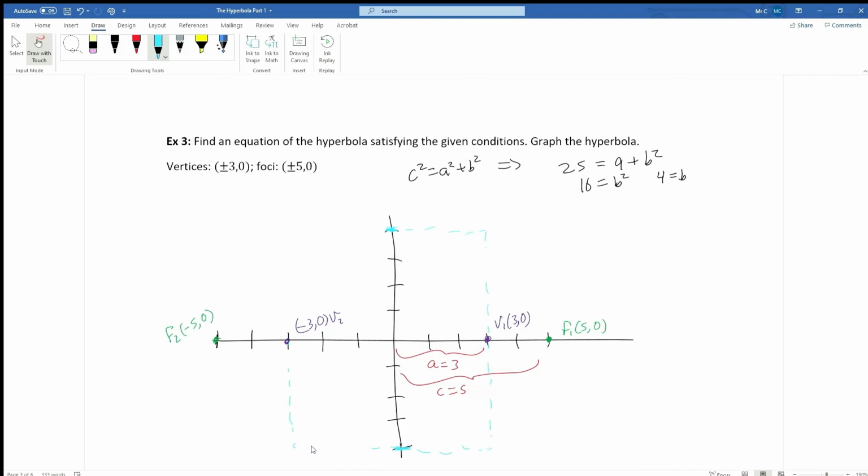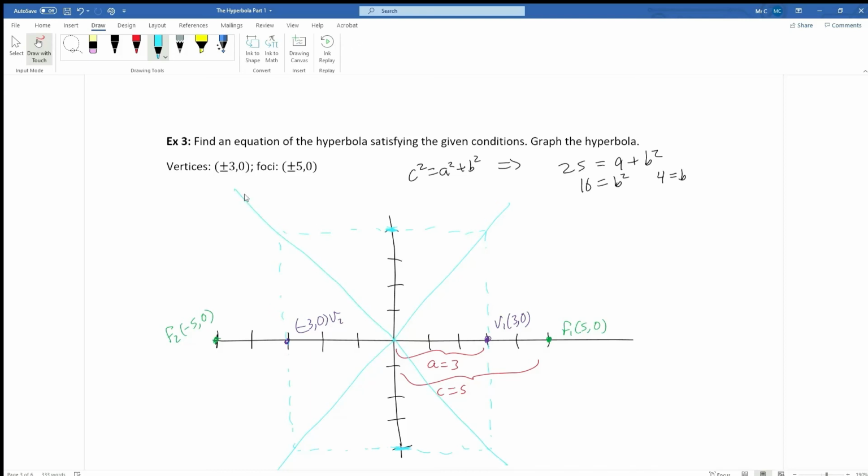Now I already have everything that I need since I have B and I have A to find the equation, but I'm so close to being done graphing, I'm just going to finish that first.